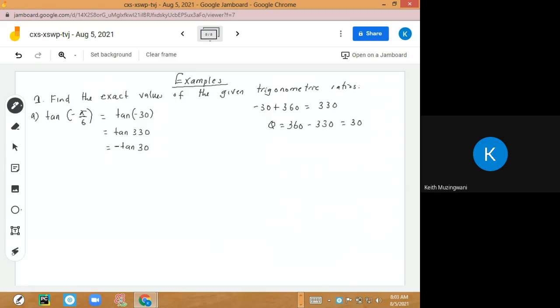So say, multiply, so that you don't forget, multiply tan 30 by a negative, since 330 is in the fourth quadrant where tan is negative.